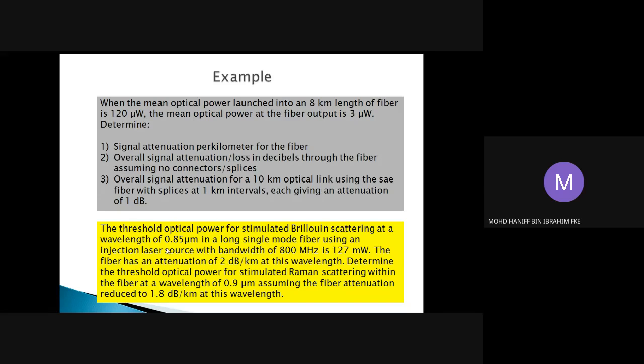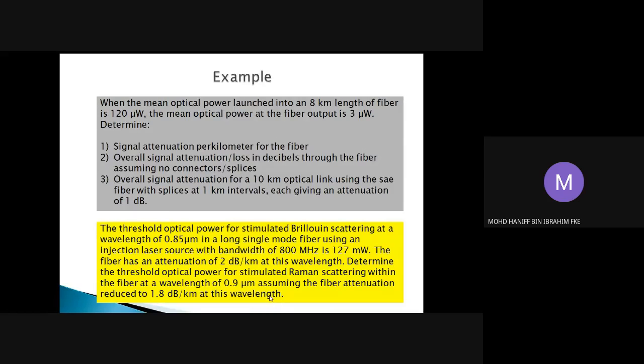So by this information given for the SBS, you need to calculate the threshold optical power for the SRS, stimulated Raman scattering, within the fiber at a wavelength of 0.9 micrometer, in which we assume the fiber attenuation is now reduced to 1.8 dB per kilometer at this wavelength.